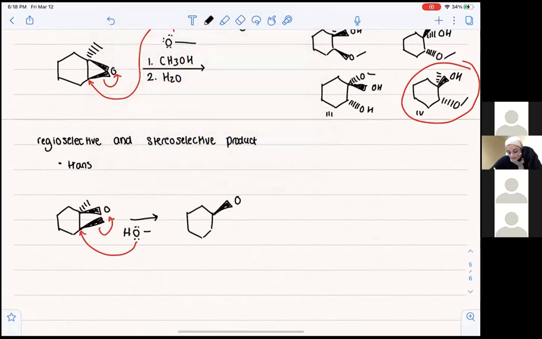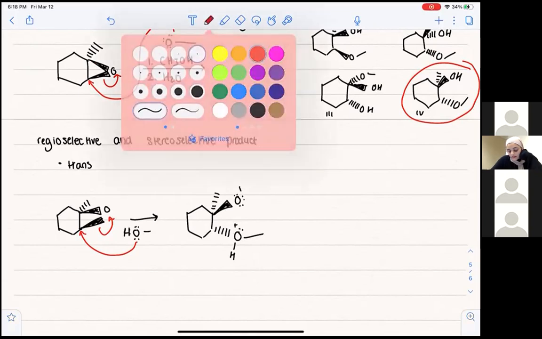I personally like drawing it out like this, but here we have our O connected to a hydrogen, also connected to a methyl, like that. So the oxygen goes and connects like that, and then we have a plus sign on here, and now we have this negative sign over there.